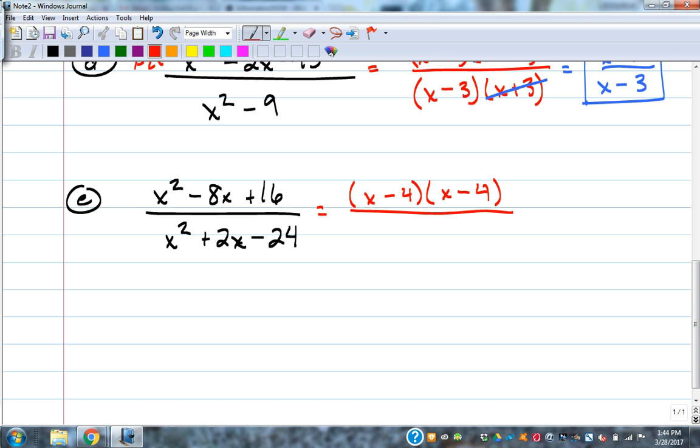It doesn't necessarily help you or hurt you either way there. What about the denominator? 6 and -4, so it'd be x plus 6, x minus 4. How many of the x minus 4s are going to cancel? One on top and one on bottom. Doesn't matter which one of the ones on top you cancel. Just one from the bottom cancels one from the top.